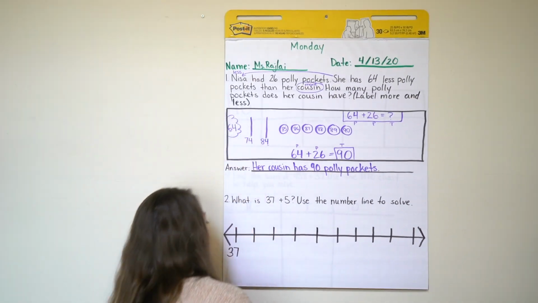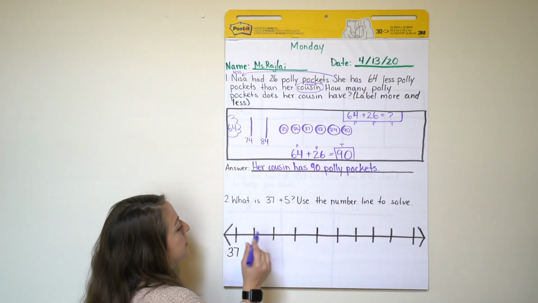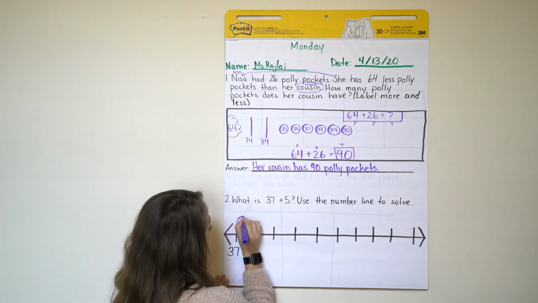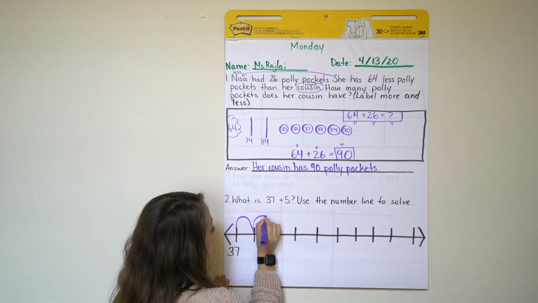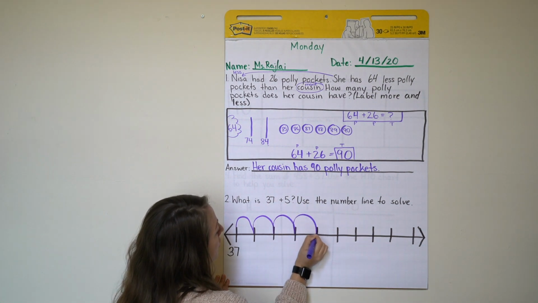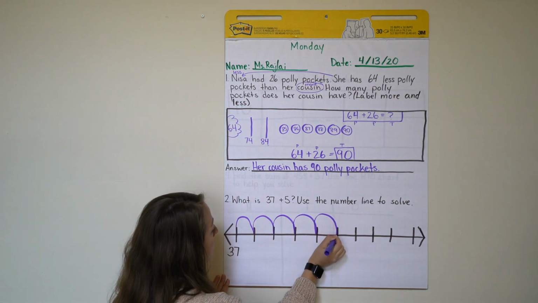Okay, so I'm actually going to make my 5 hops first and then I'll label after. So 1, 2, 3, 4, 5.